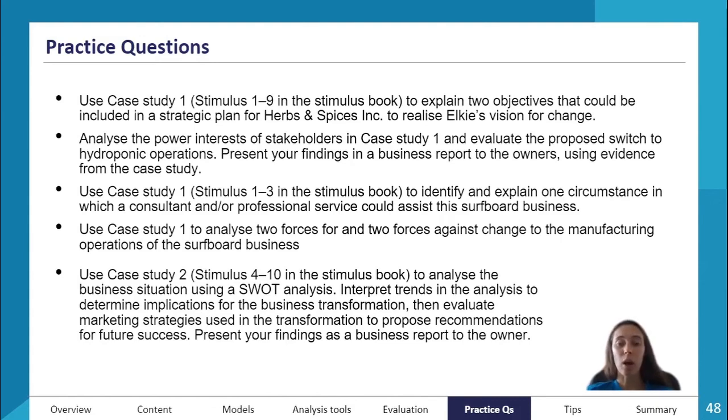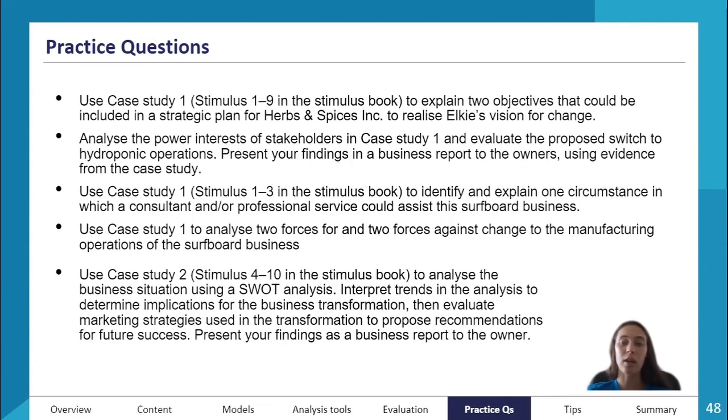Using case study 1, identify and explain one circumstance in which a consultant or a professional service could assist the business. And then analyze 2 forces for and 2 against change. And so again, thinking about driving and restraining forces, all of these different concepts are intersecting with one another as well.